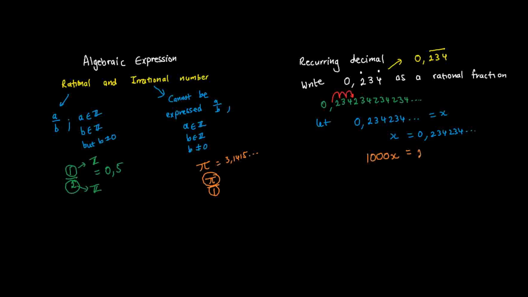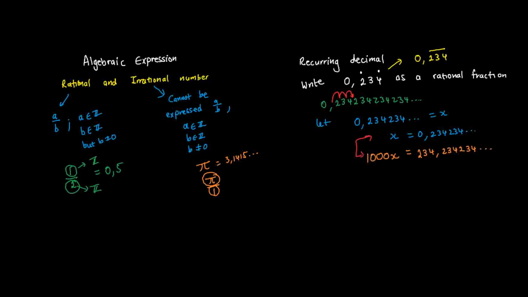So what do I have? 234.234 reoccurring. Okay, now I have the first original equation, which is x is equal to 0.234234 reoccurring, and I have a second equation, which is 1000x is equal to 234.234234 reoccurring.